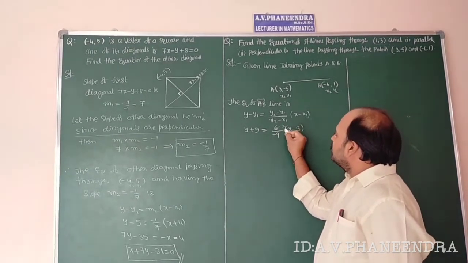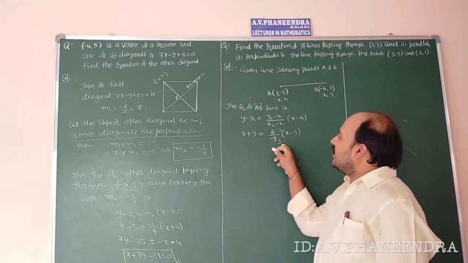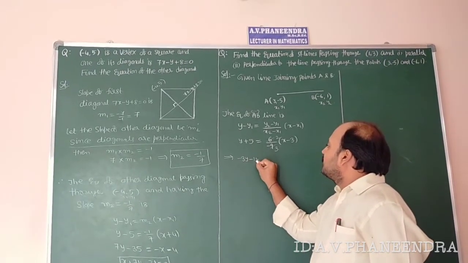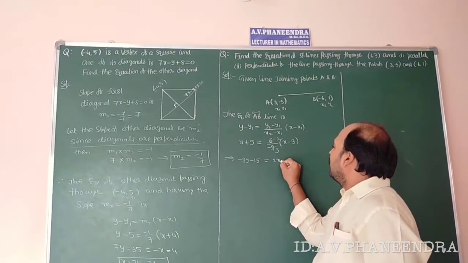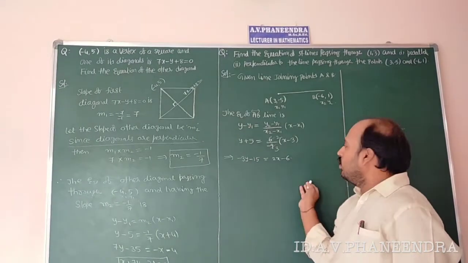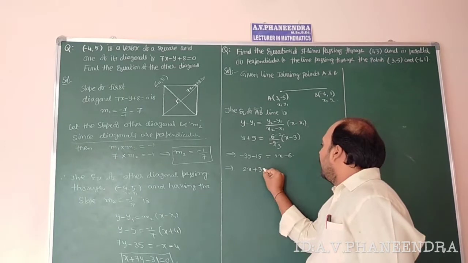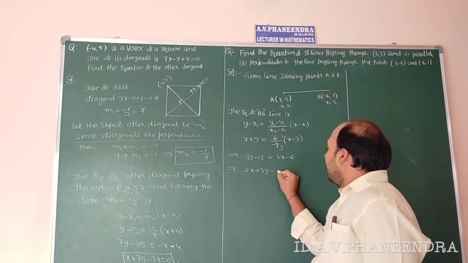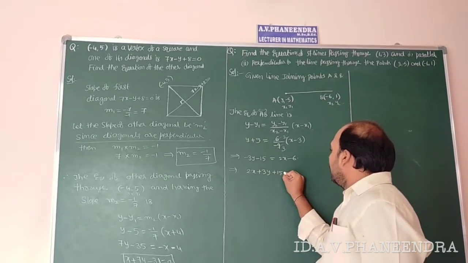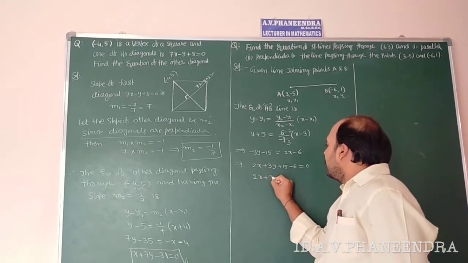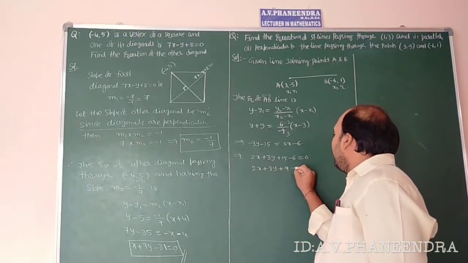Here 3 twos are 6, 3 threes are 9, minus 3. Cross multiply: minus 3y minus 15 is equal to 2x minus 6. Taking these values to one side, 2x plus 3y plus 15 minus 6 equal to 0, so 2x plus 3y plus 9 equal to 0.